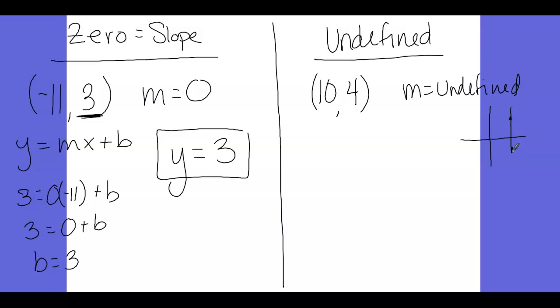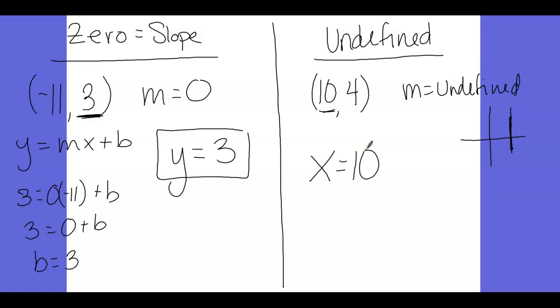So is this vertical line ever going to cross the y-axis? No. So you're actually going to look at the x point, because does it cross the x-axis? Yes. So in this case, it's always going to be x equals wherever it crosses the x-axis. So, Kaden, what is your x coordinate point in this one that you gave me? 10. And if Kaden looks at his map, that is where it crosses the x-axis.